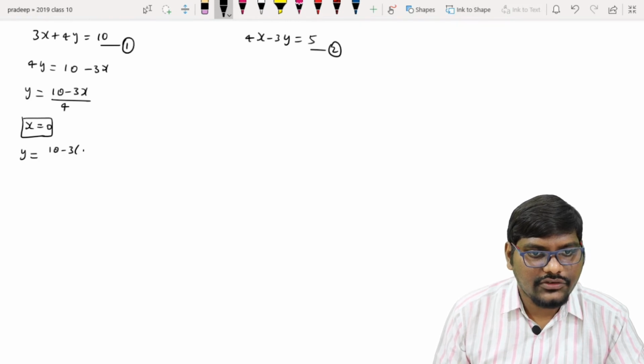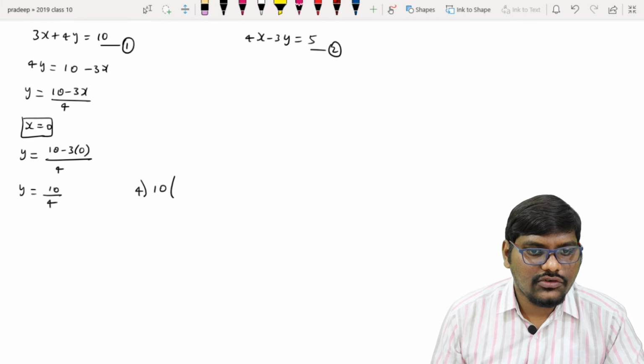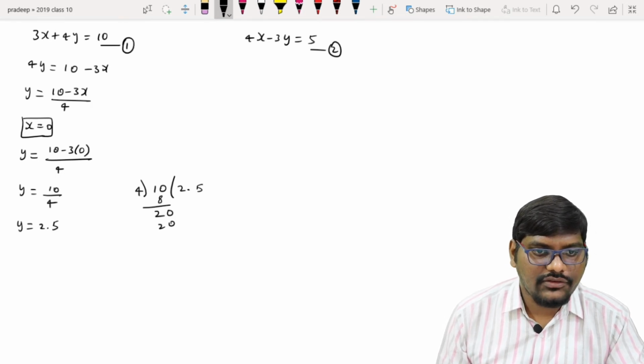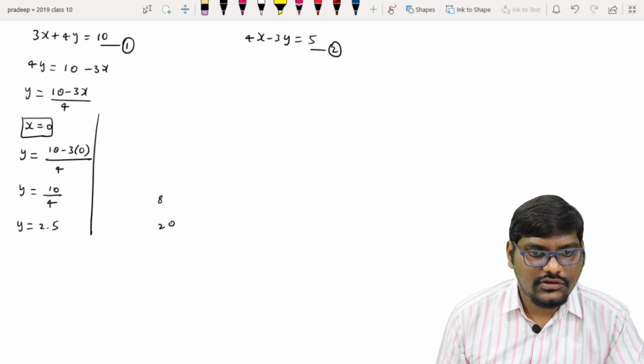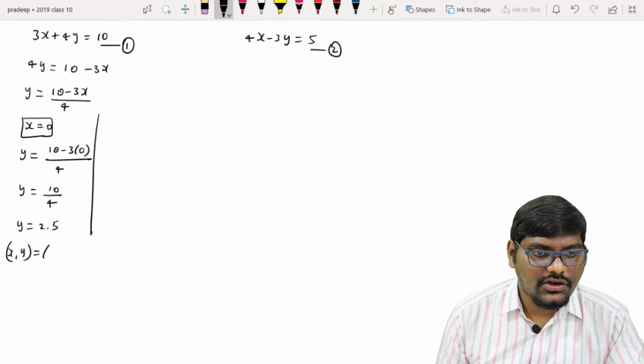When I took x equal to 0, I got y equal to 10 by 4, where 3 into 0 is 0. So we'll find the division for this 4. 4 twos are 8, 2 is the remainder, 0, 4 is 20. So I can write y as 2.5. So when I took x equal to 0, I got y equal to 2.5. So x comma y is 0 comma 2.5.